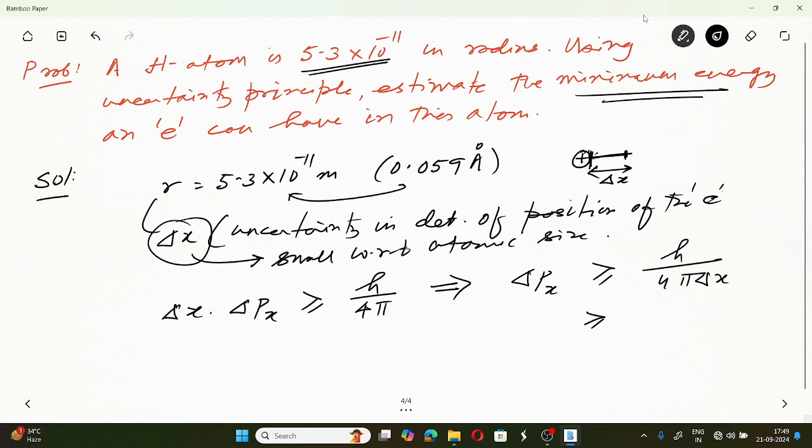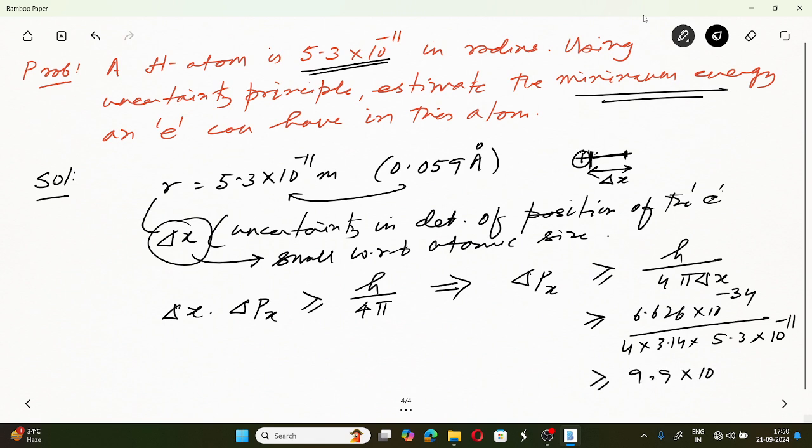So this is greater than or equal to 6.626 10 to the power minus 34 joule second divided by 4 into 3.14 into delta x, which is 5.3 10 to the power minus 11. So as per my calculation, this value is 9.9 10 to the power minus 25 in MKS unit, that is kg meters per second.